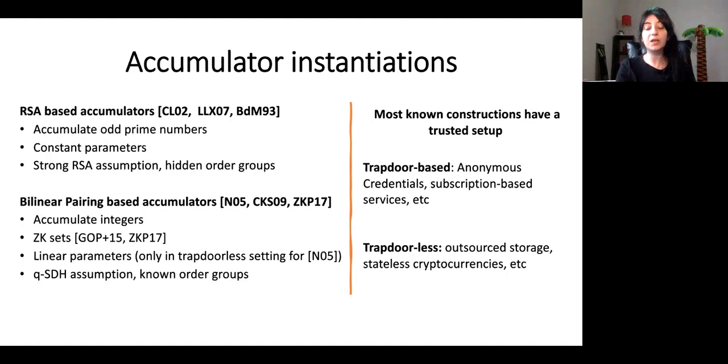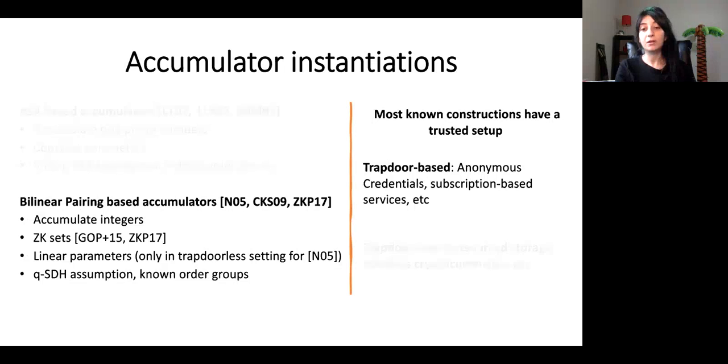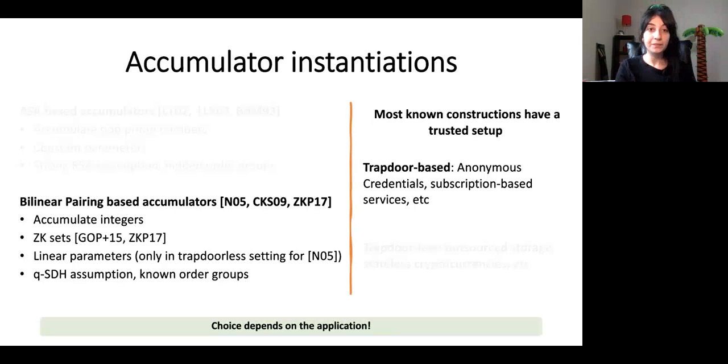This is used when the entity that creates the witnesses is untrusted. An example for that would be the server in an outsourced storage environment, or the users in a decentralized blockchain environment. In this talk, we will focus on the trapdoor-based setting, and we will use bilinear pairing accumulators.